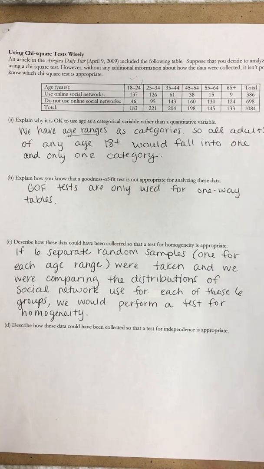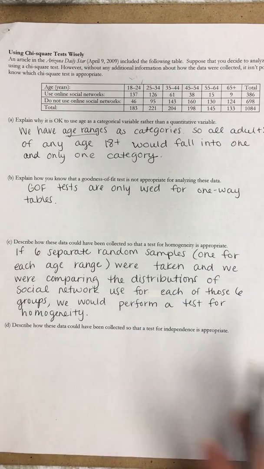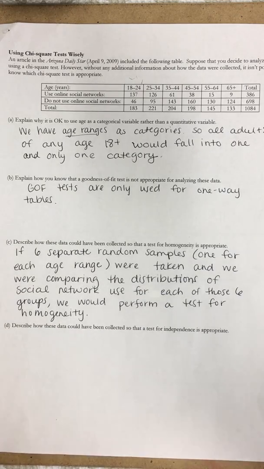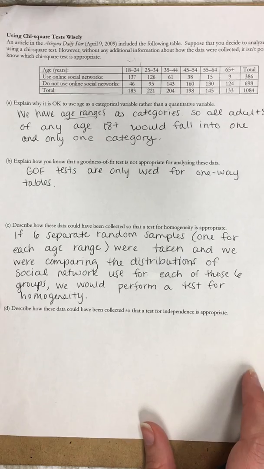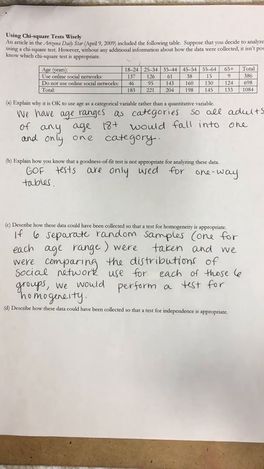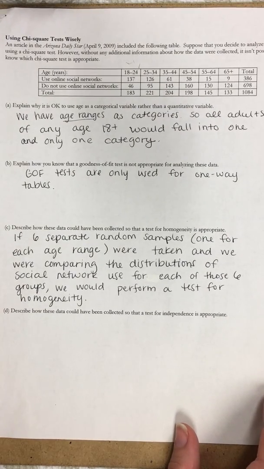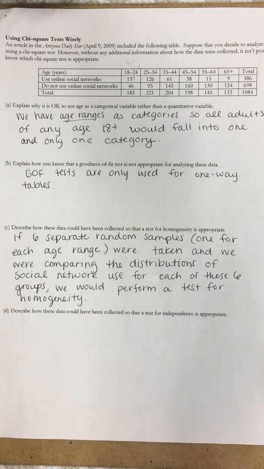Now, these two types of tests would give us basically the same information, right? But the question that we're asking is slightly different, and the way that we would word our conclusion would be slightly different.